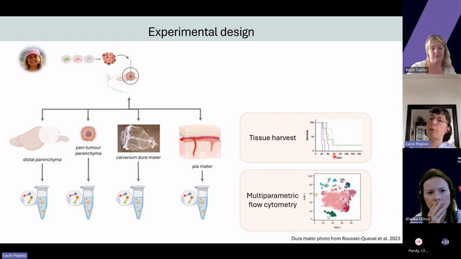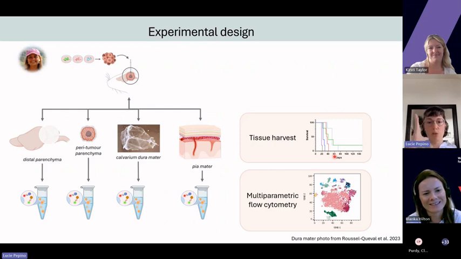And unfortunately, this kind of experiment is a very long day. So if you start at 3, then you will finish, I don't even know, at 4 in the morning. So it's not possible. We did the best we could for it to be feasible, humanly possible. So I harvested 4 different types of tissue: the distal parenchyma, so basically the brain without the tumor; then the tumor and the proximal peritumor parenchyma; the calvarium dura mater, so the dura mater that is only on the top part of the skull; and the pia mater all around the brain.